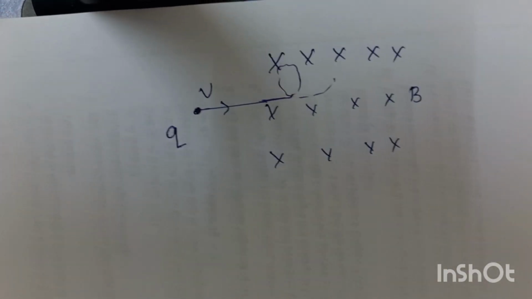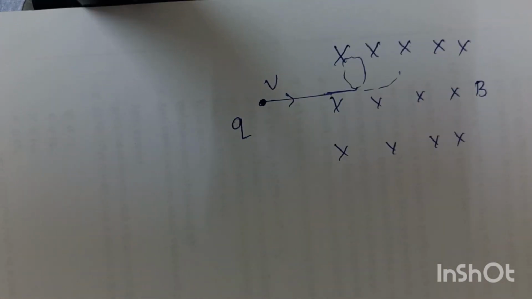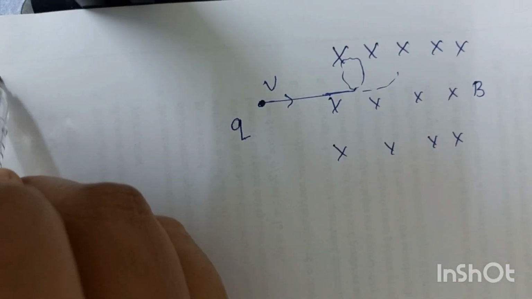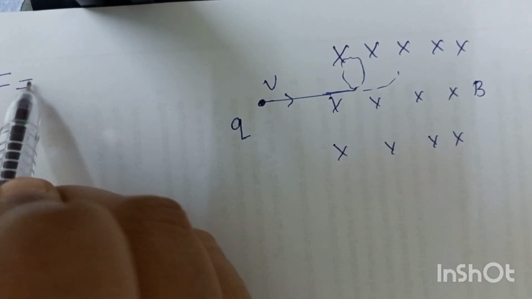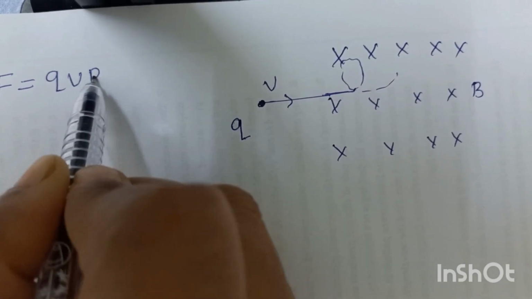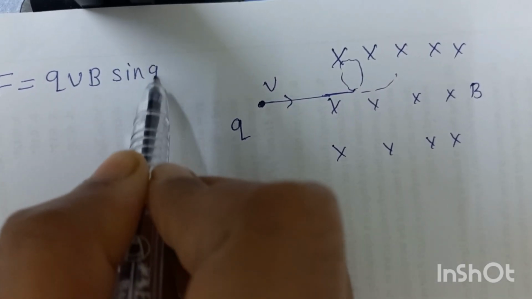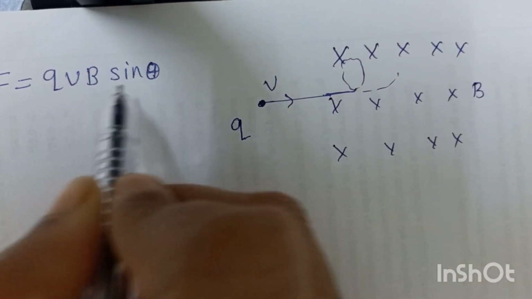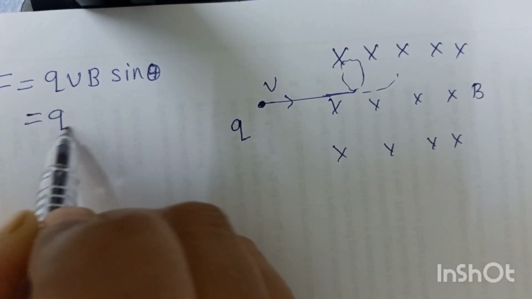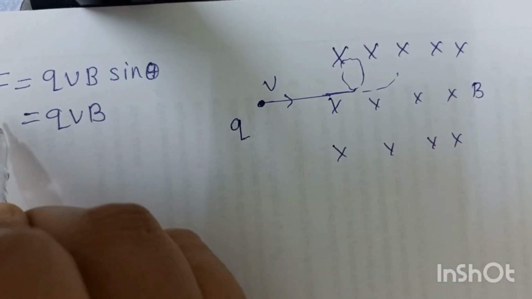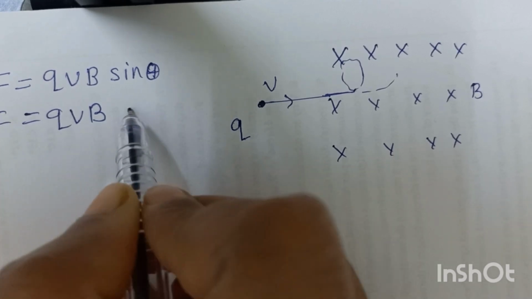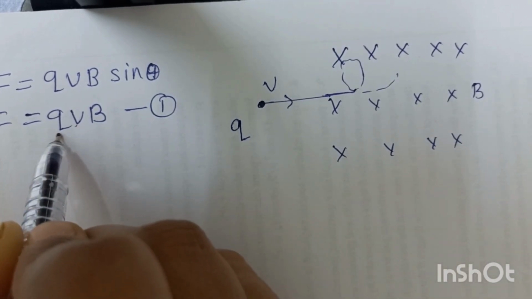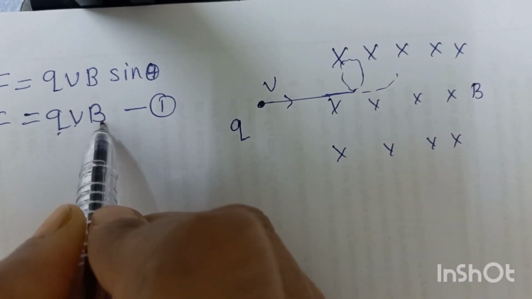So we know that if any charged particle is thrown into the magnetic field, a force acts on that charged particle, and that is nothing but qvB sin theta. Here theta is 90, so sin 90 becomes 1. So we can write qvB is equal to force, and this is my equation number 1. v is the velocity, q is the charge, and B is the magnetic field.